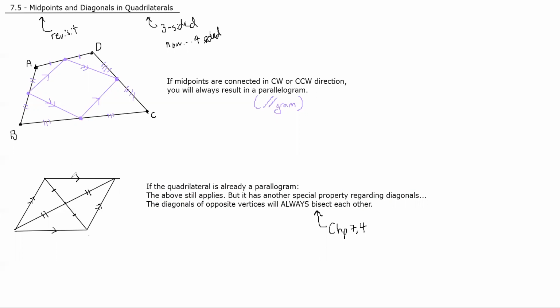How could these two things help you in otherwise impossible circumstances, in more complex questions? So try to apply these two pieces of information in your homework questions, okay?